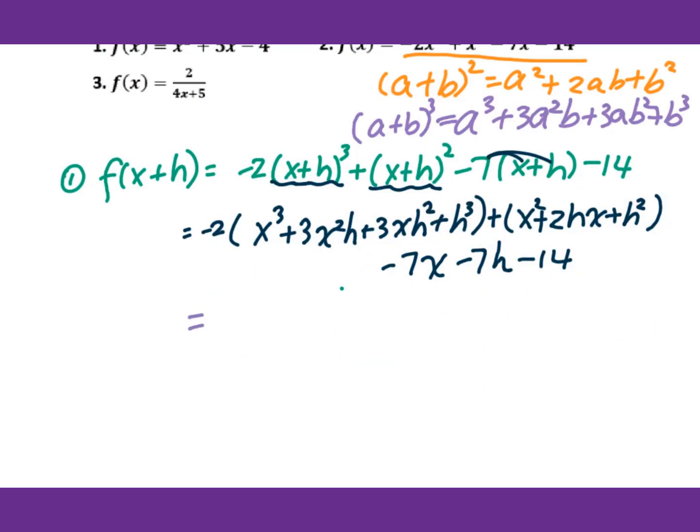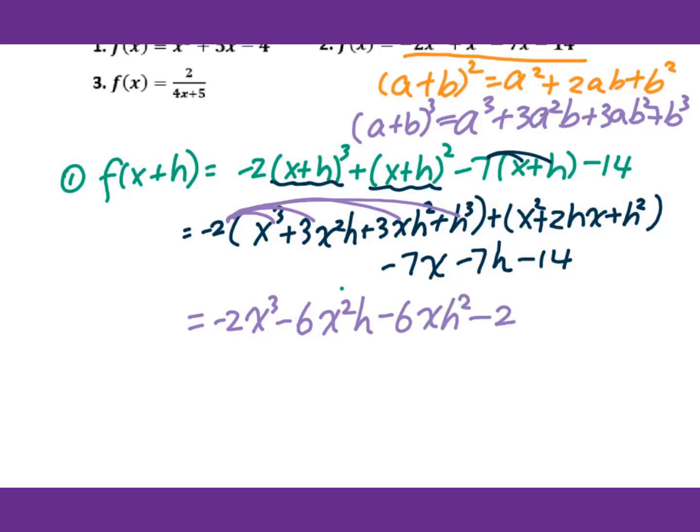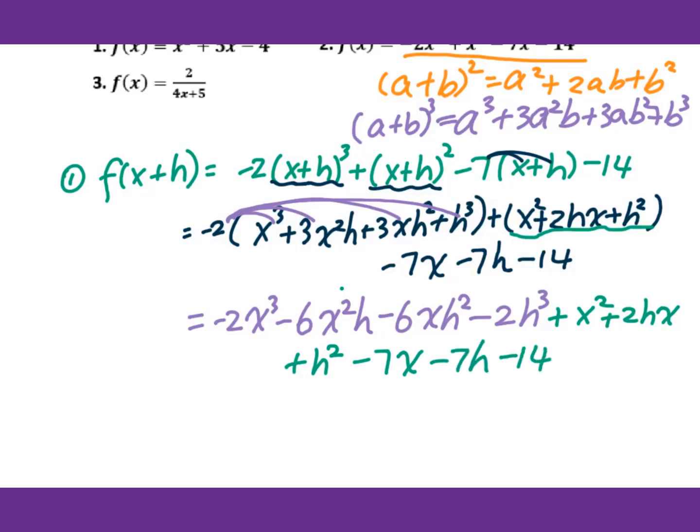Then I do distributive property here. You will get negative 2x third power minus 6x squared h minus 6xh squared minus 2h third power, then plus x squared + 2hx + h squared minus 7x minus 7h minus 14.